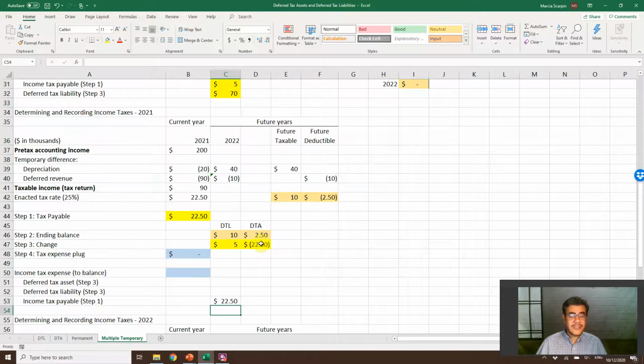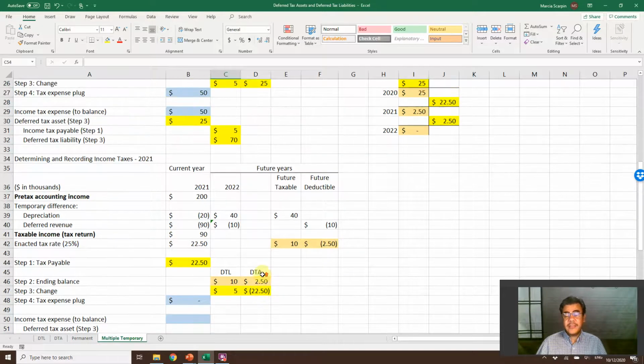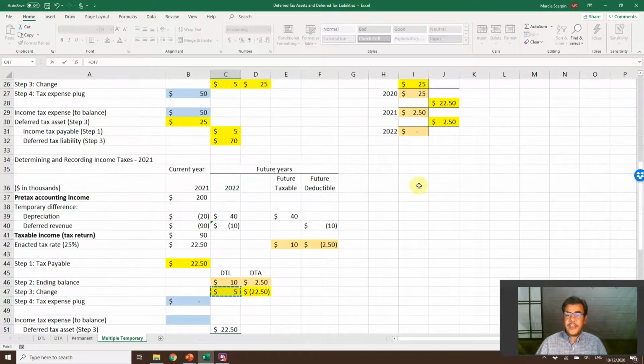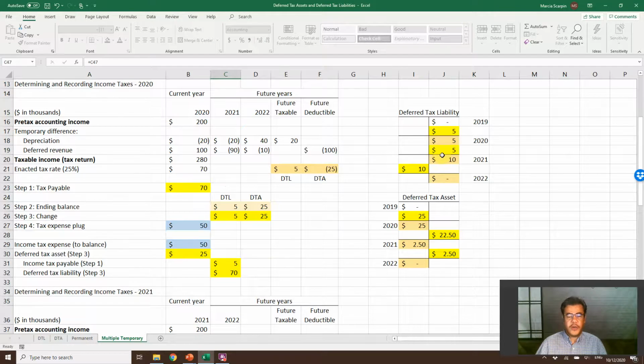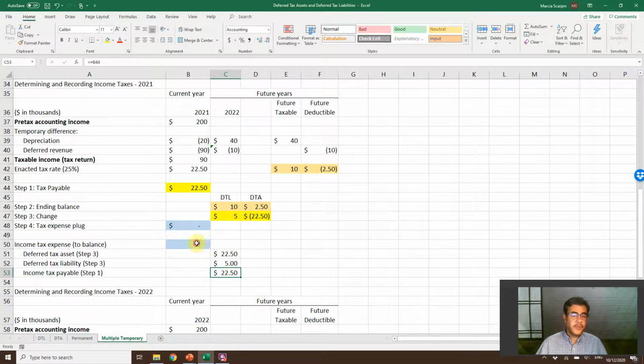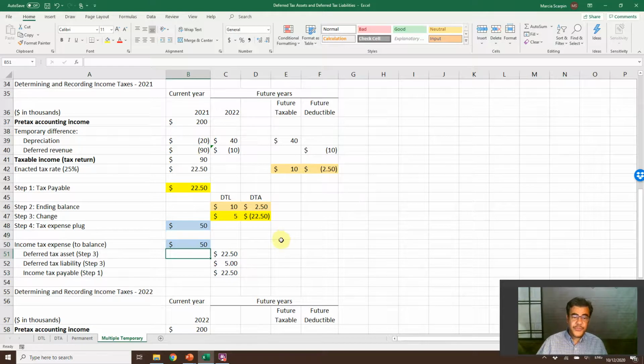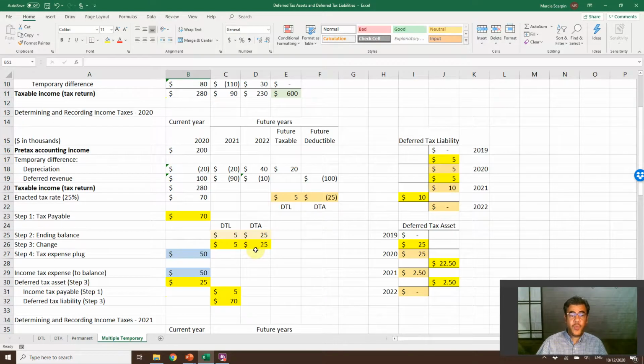Our asset, we are decreasing our assets, so we have a credit. Negative here, then our number becomes positive. If you have tax liability, we are increasing, so another credit, 5. And income tax expense, the number to balance is the sum of our credits. It is 50 again. And 50, why?